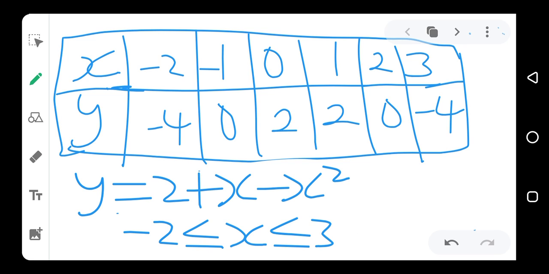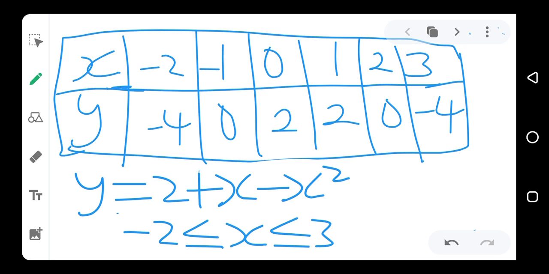Now the first thing we do is to get our table of values. For us to get the table of values, we have to look at the inequality to know where the value of x is starting and where it is ending. It is starting with minus 2 and ending with plus 3. Now we are assuming that we are taking only whole numbers.